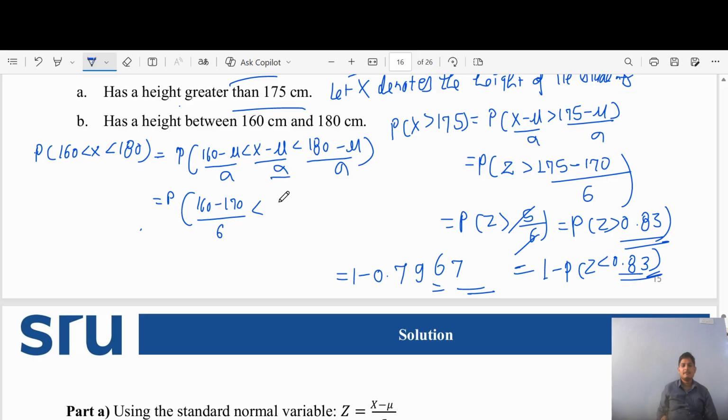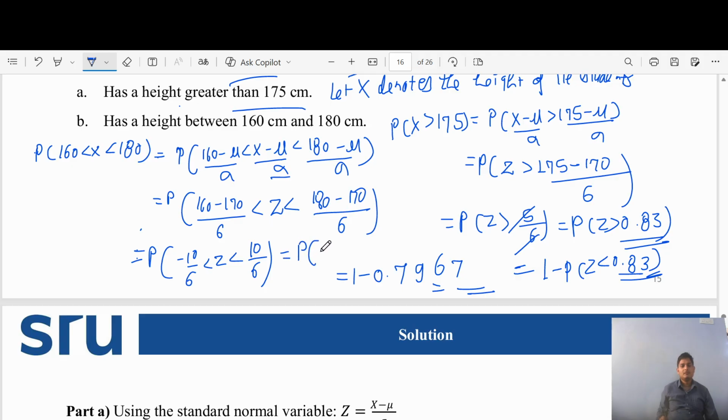X minus mu by sigma is Z. So 160 minus 170 is minus 10 by 6, and 180 minus 170 is 10 by 6.